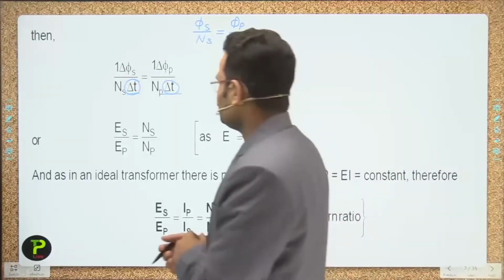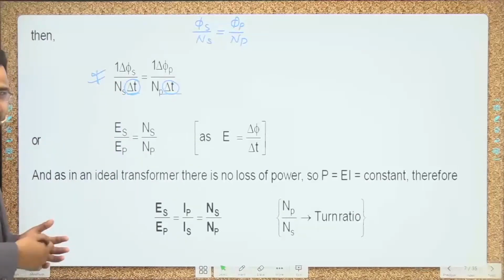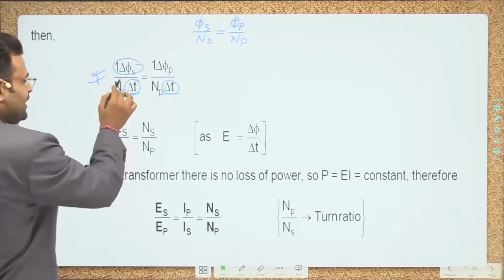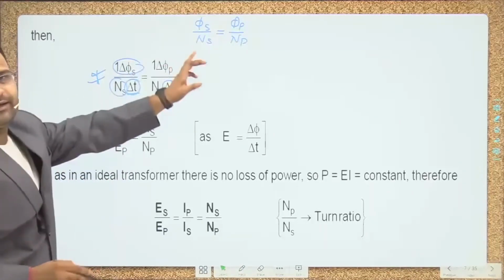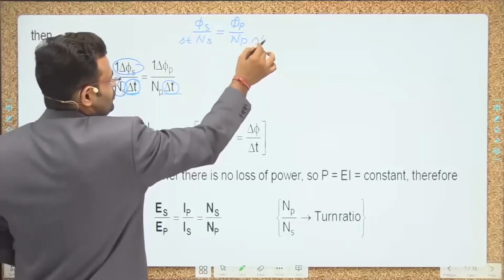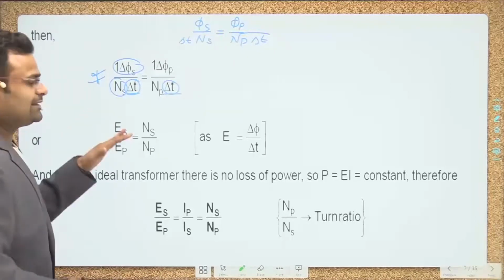So for that time period, the rate of flux change per turn, phi s upon Ns, is already mentioned, and we divide by the time also. We use that concept.